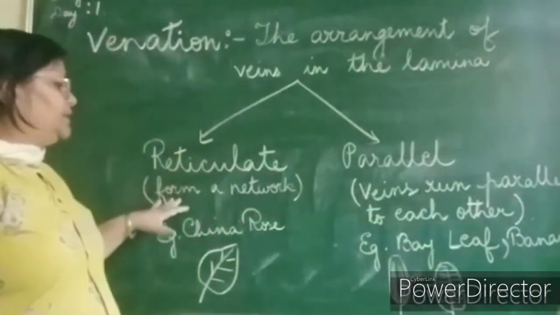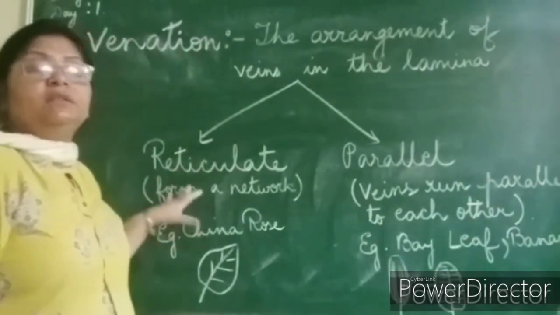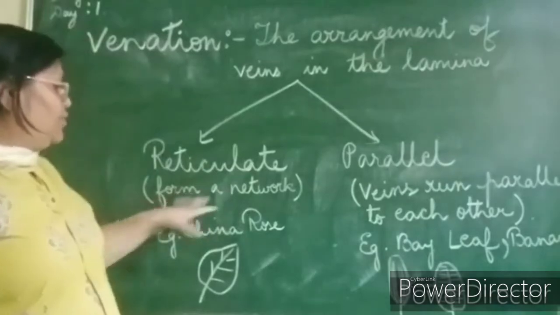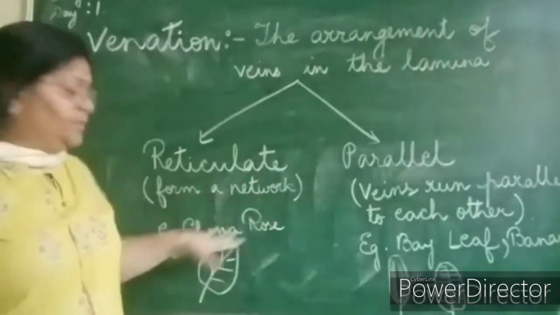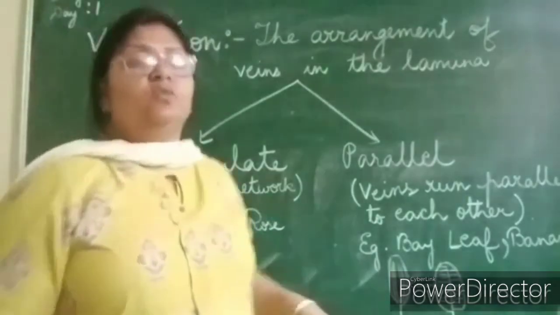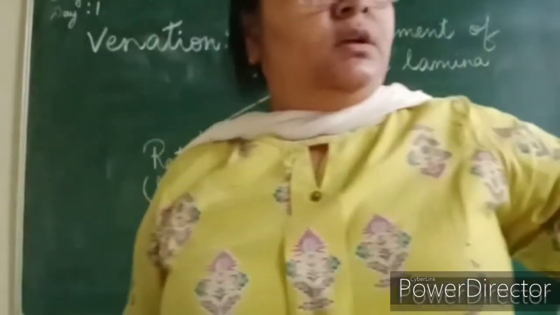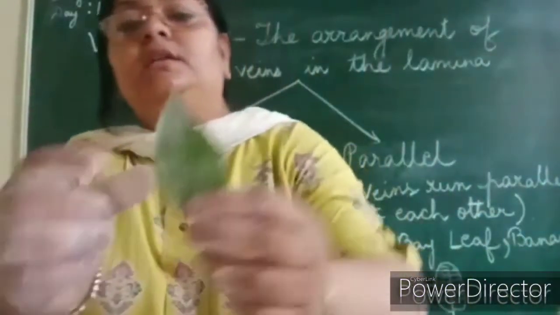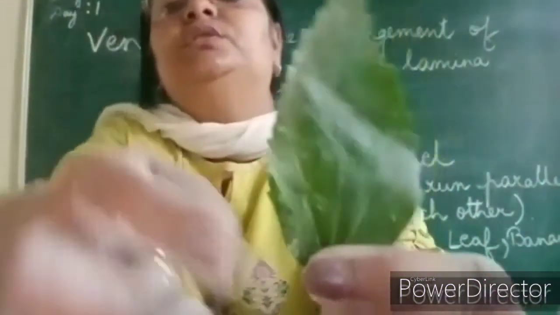What do we find in reticulate venation? The veins and veinlets are irregularly distributed and they form a network. For example, in a China rose, the veins and veinlets are irregularly distributed.